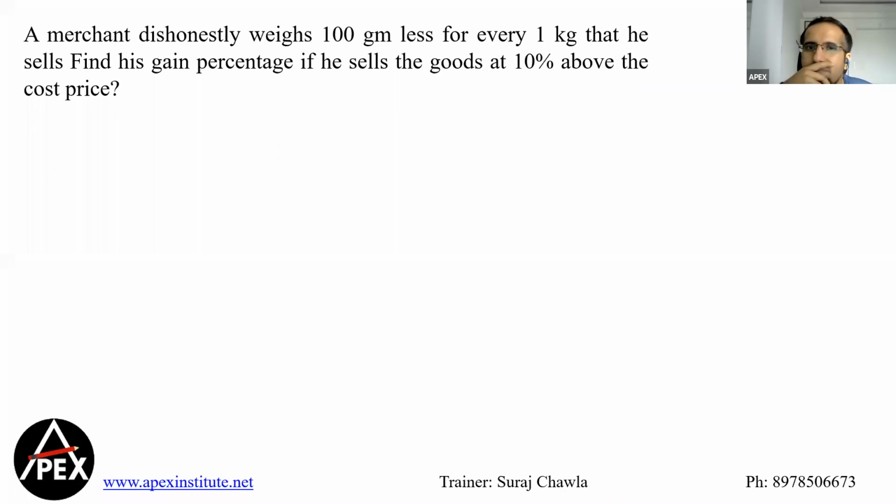Now what happens here? Be very careful, guys. If I'm saying that CP and SP are the same, it means CP of 1 gram is equal to SP of 1 gram. Whenever he's commenting about selling price or cost price, always remember, if I take CP of 1 gram as 1 rupee, then SP of 1 gram as per this question is equal to 1.1 rupees.